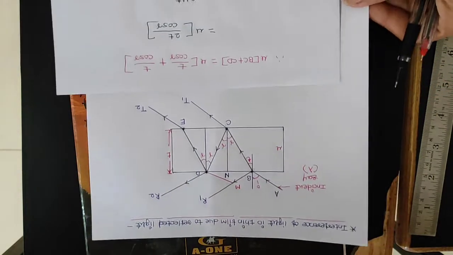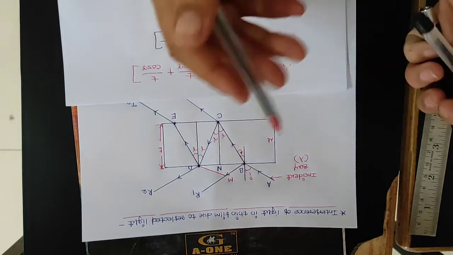Okay. Now from that triangle, this is the angle i.